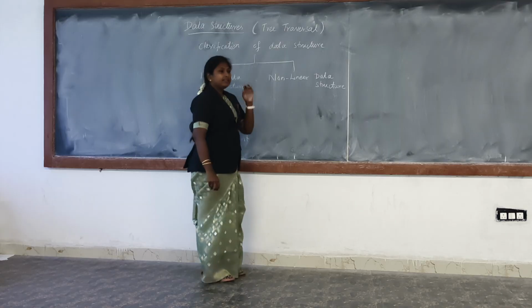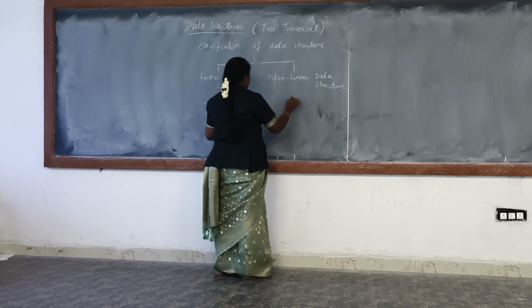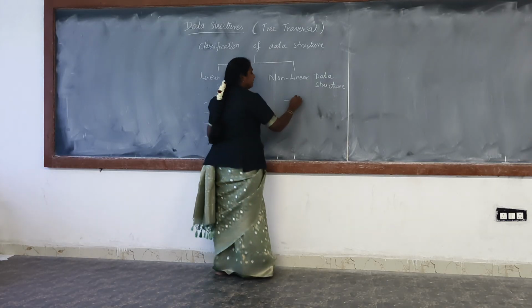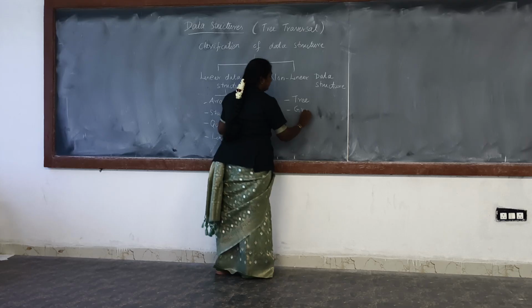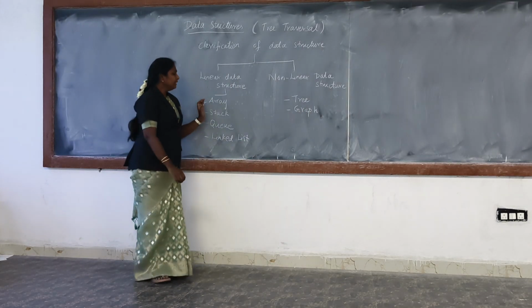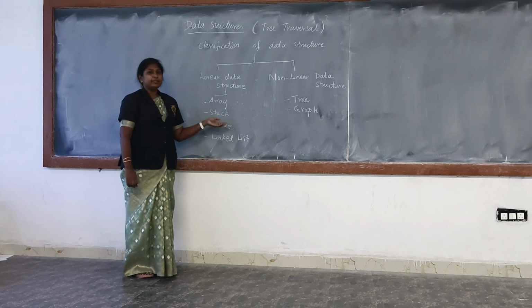Non-linear data structure is not stored in a contiguous way. The data structures used under non-linear data structures are tree and graph. Let us see a little introduction about all these types.